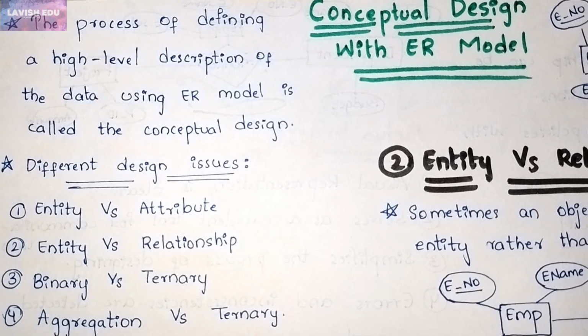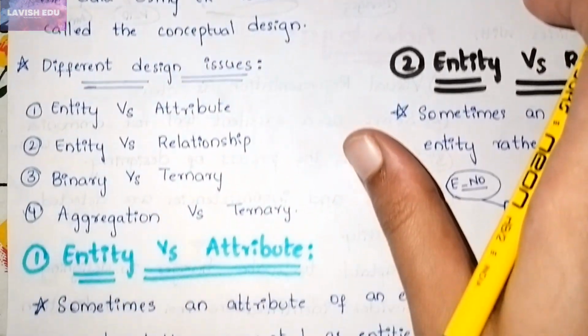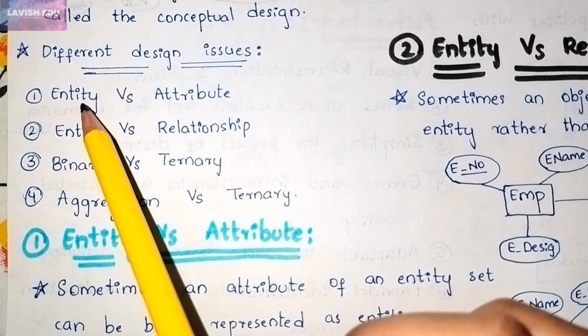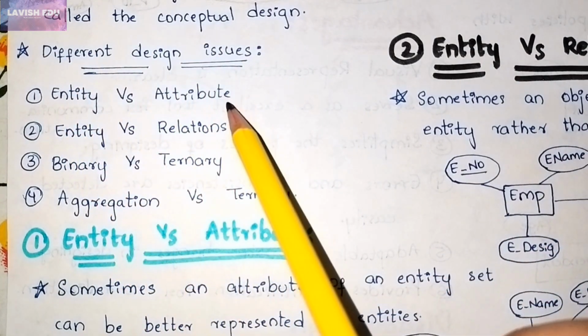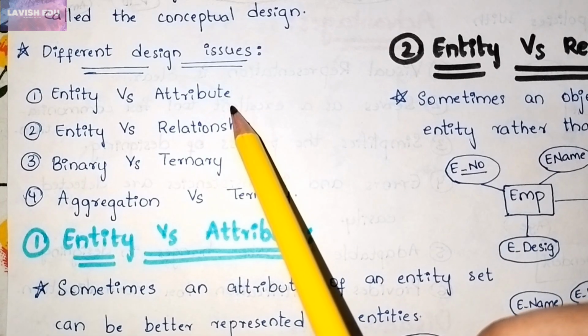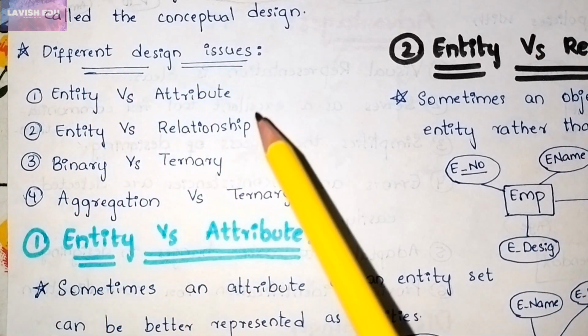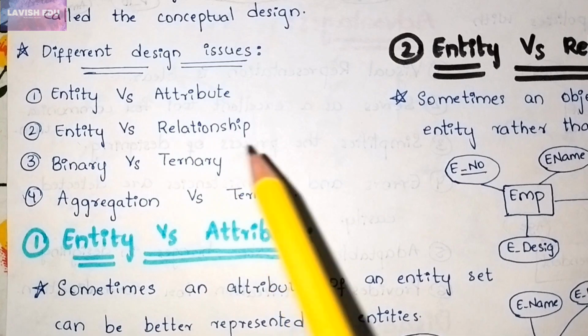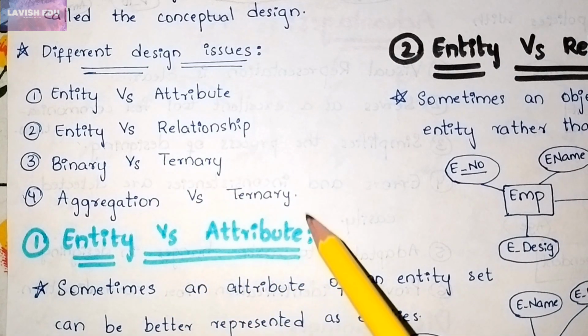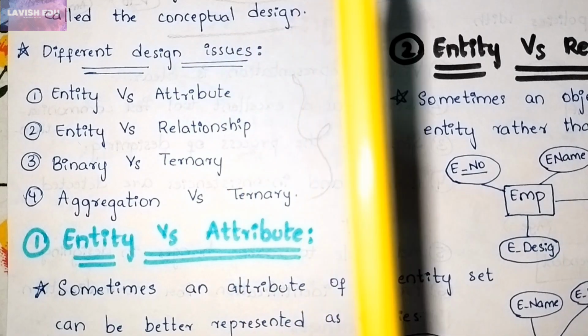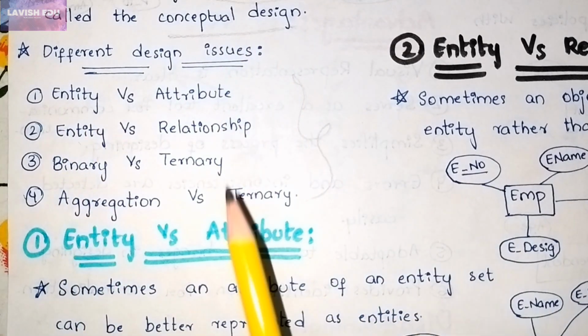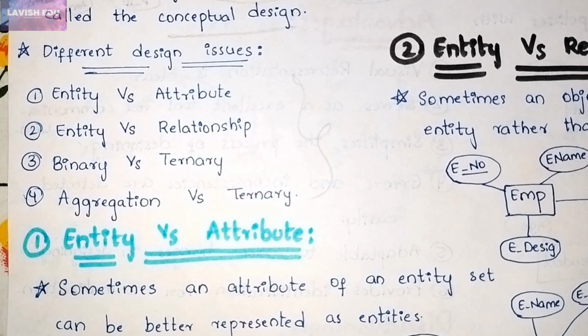There are different design issues that occur, that is, whether to make an entity or an attribute, an entity or a relationship, a binary or a ternary model, aggregation or ternary model. These kinds of issues occur while preparing the conceptual design. So let's see each issue in detail.